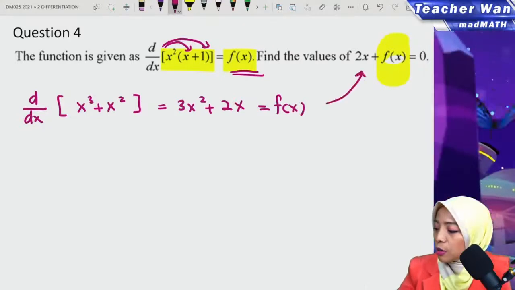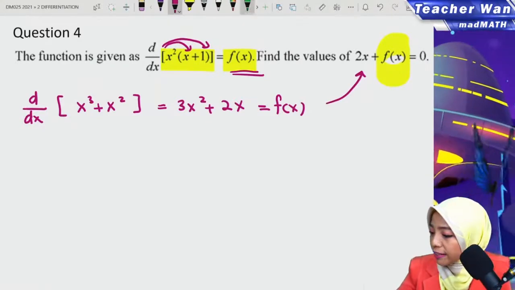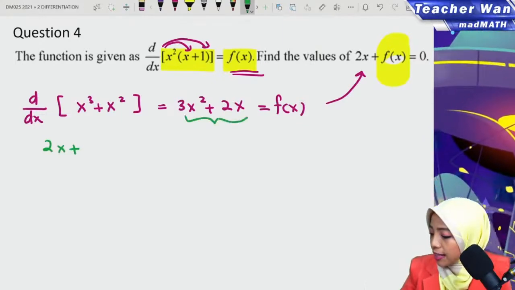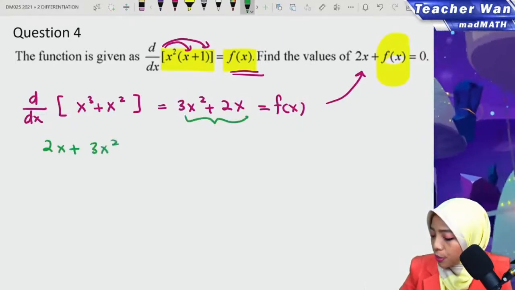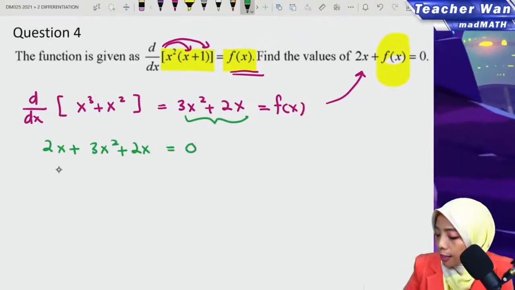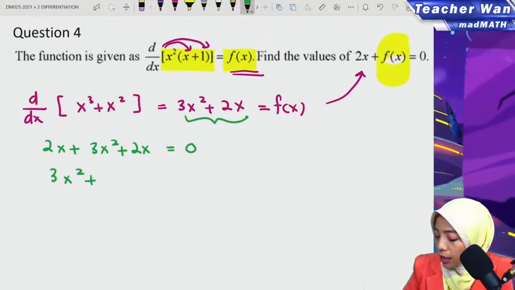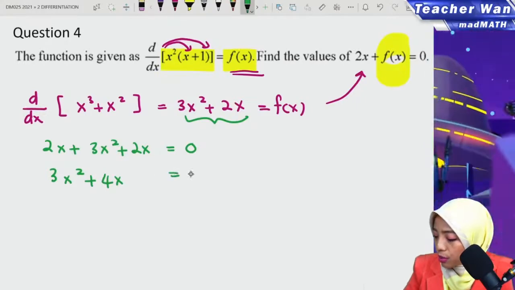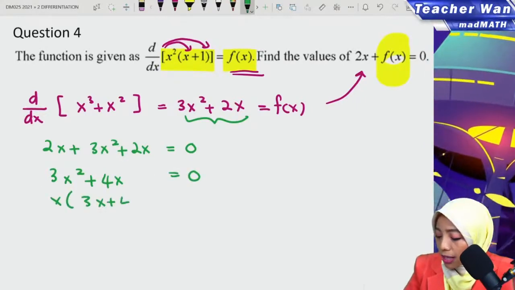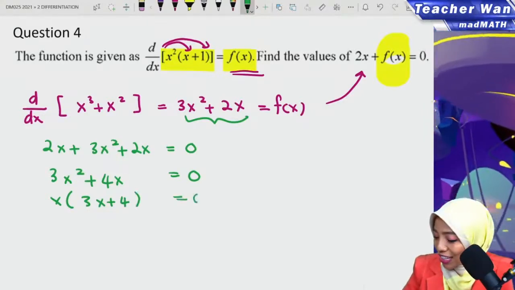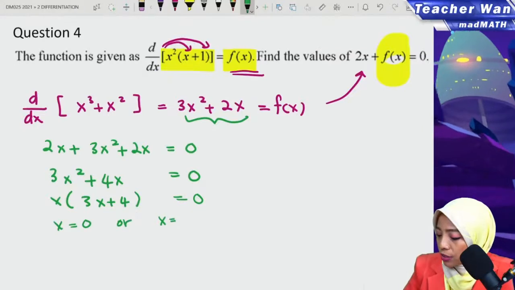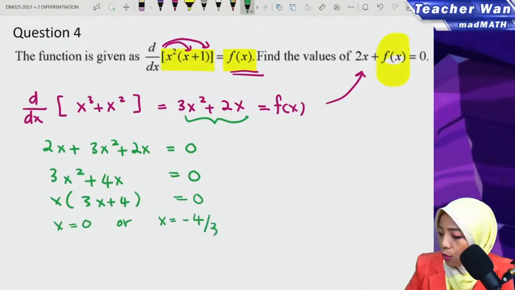Now we substitute into the equation: 2x plus 3x squared plus 2x equals 0. Now 3x squared plus 4x equals 0. We factor out x, and we get x times (3x plus 4). So x is possibly 0 or x is possibly negative 4 over 3.